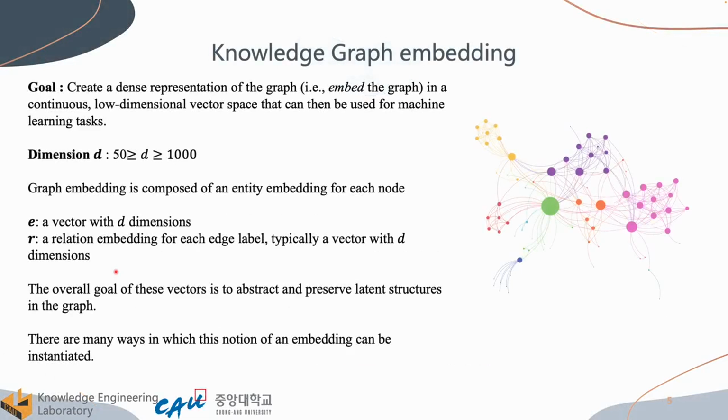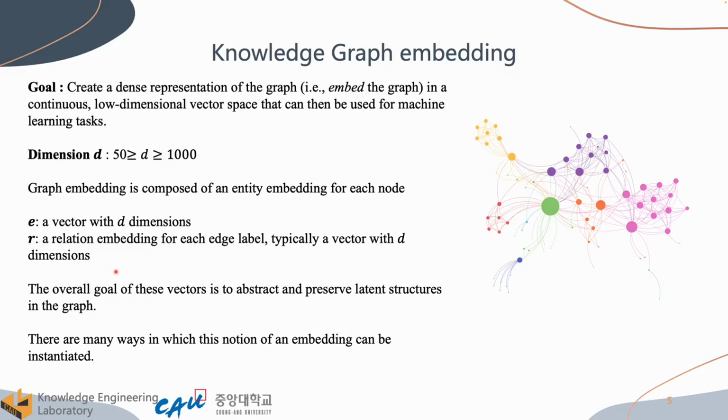The goal of knowledge graph embedding is to create a dense representation of the graph in a continuous low-dimensional vector space that can then be used for machine learning tasks.